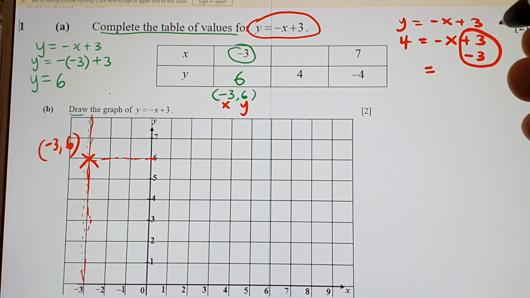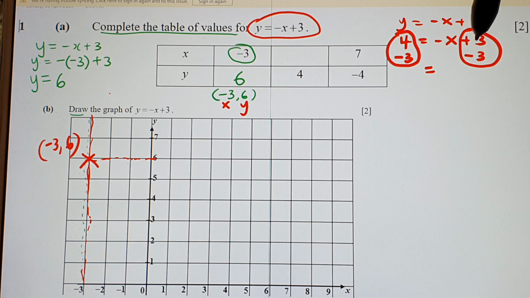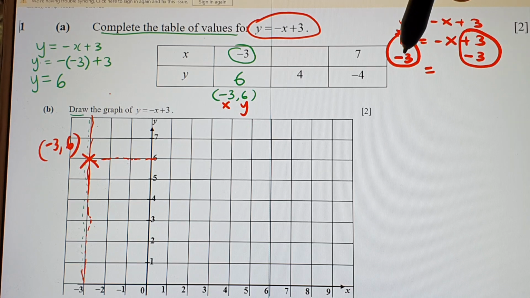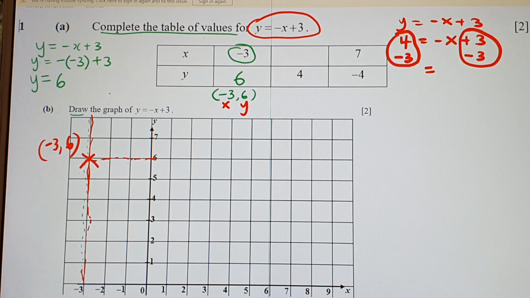If I do this on the right side, what must I do on the left? I must also minus 3. Okay? Remember, whatever I do on the left, I must do on the right, or whatever I do on the right, I must do on the left. Okay, so what is 4 minus 3? It is 1. Then minus x is just minus x. I didn't do anything to it, right?